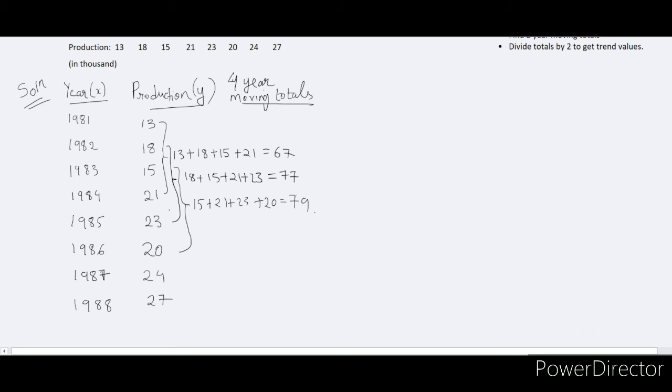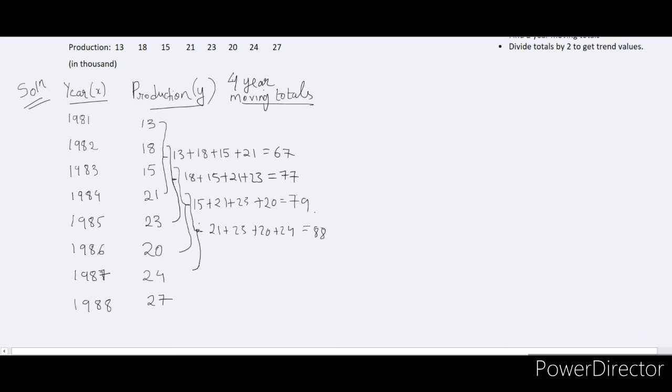Then we move to the next group of 4 years, from 1984, 85, 86, 87. For this group, 85, 86 are the middle years, so it will be in between here. You have 21, 23, 20, 24, which will give us 88.